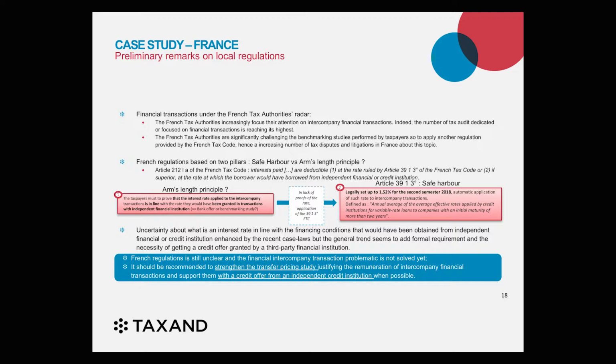And how is it computed? Is it just a mere observation of what is made on the market? So it's a mix of credit ratings. It's a mix of various maturities, from 2 to 10 years.